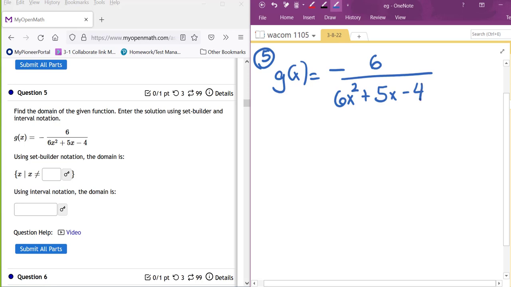Right, and so the question again is domain. That's all they're asking on these. And so we want to know when is this 0, and we will throw that away.